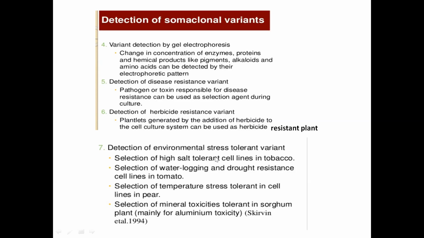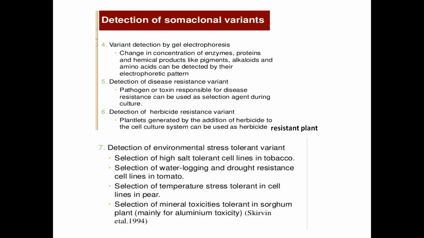Otherwise, you can also detect environmental stress tolerant varieties, for example high salt tolerant rice, in drought areas where you have a large area of saline soil. In that case you need a variety of rice which can grow well in saline soil.